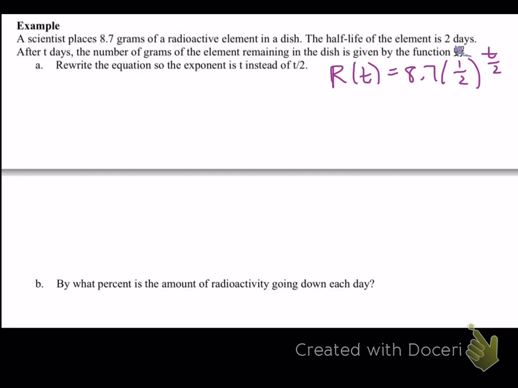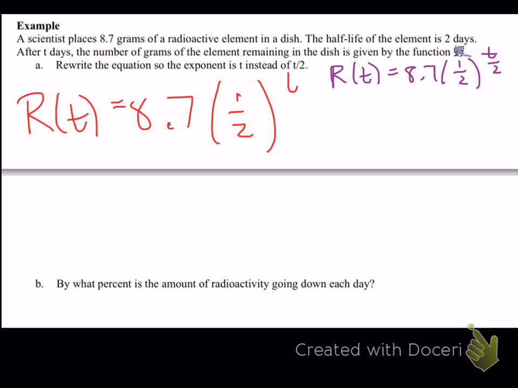So we know that we are going to be taking this equation and this 1/2 right here, I'm going to be multiplying it outside by 2, which means I'm raising the inside to 1/2.